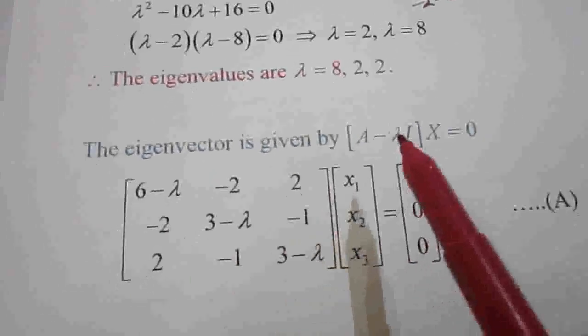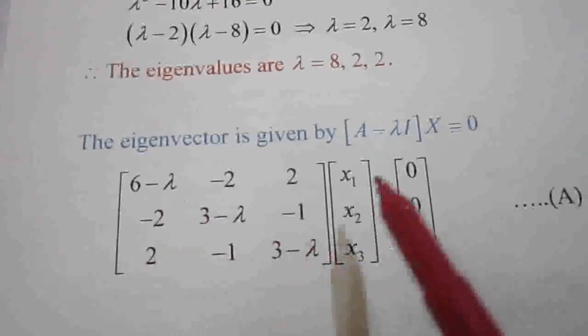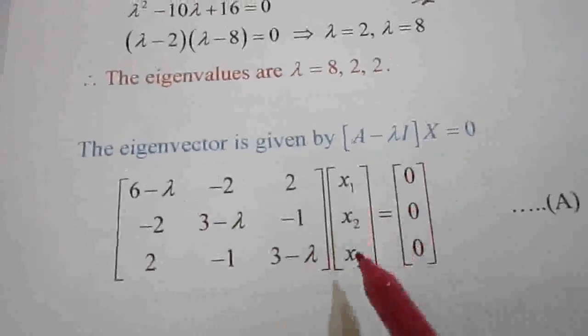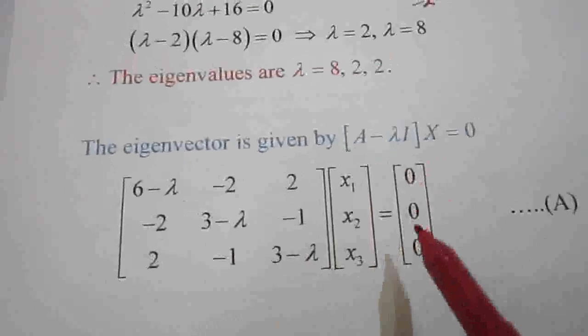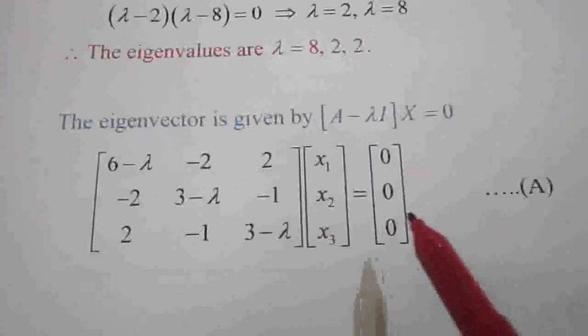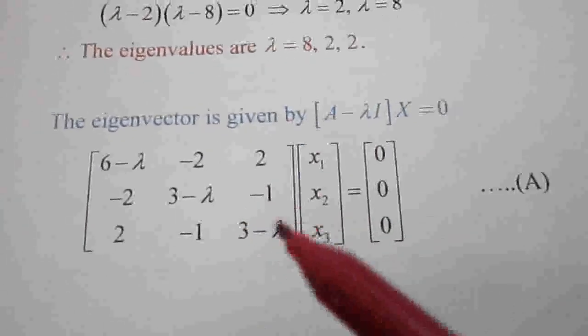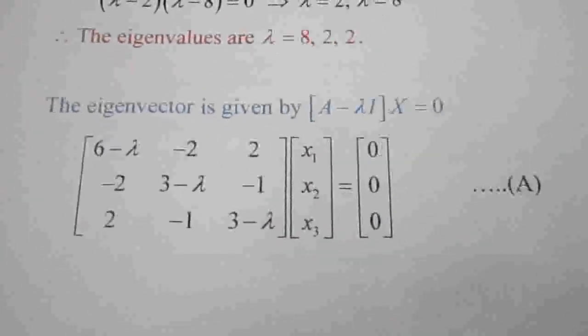That is A minus lambda I, and x is x1, x2, x3, and 0 is 0, 0, 0. Take this as equation A. From this and by using the lambda values, I am going to find the eigenvectors.